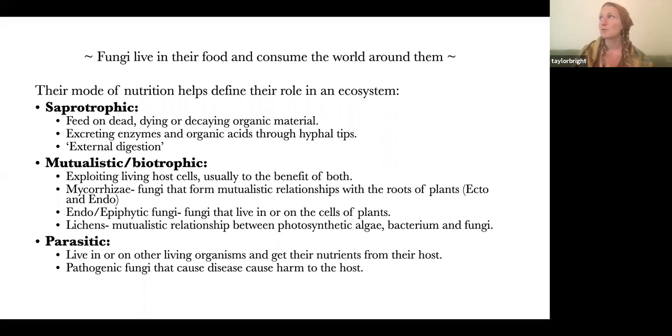So our saprotrophic mushrooms are usually the ones that we see in the grocery stores. There are oysters and shiitake and nameko and portobello and lion's mane. You know, our medicinal mushrooms like reishi and different conks. These are all saprotrophic mushrooms.